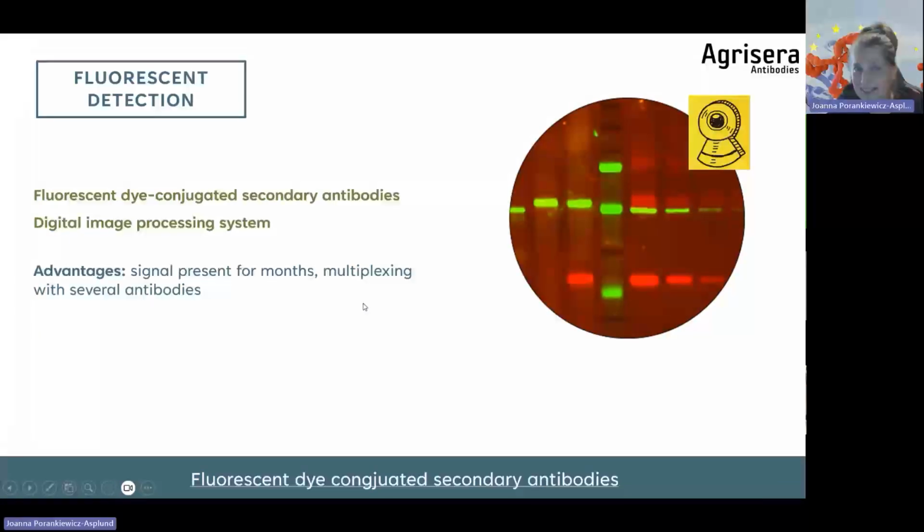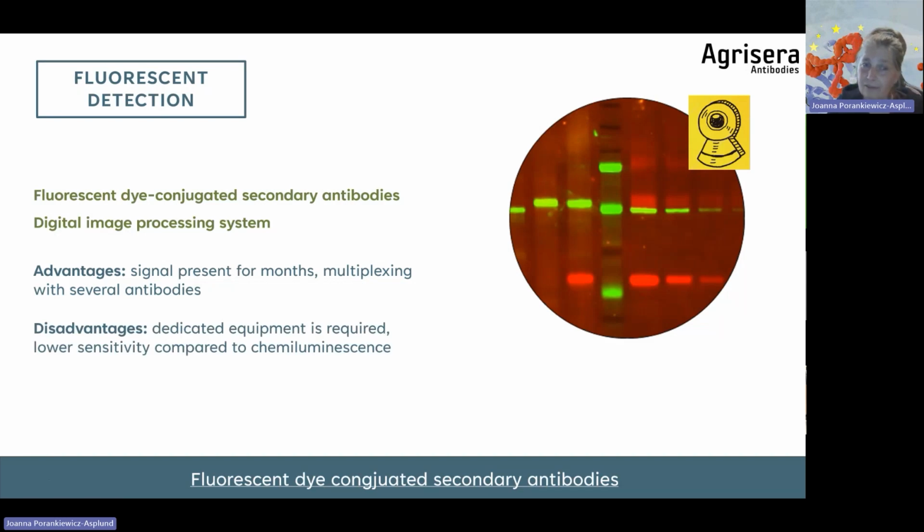The advantage here, which is quite different from ECL detection, is that the signal will last for several months, and you can also multiplex several antibodies. But dedicated equipment is required, and the sensitivity may be lower than in the case of ECL.